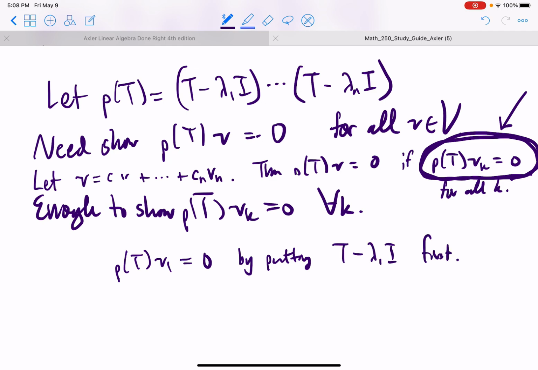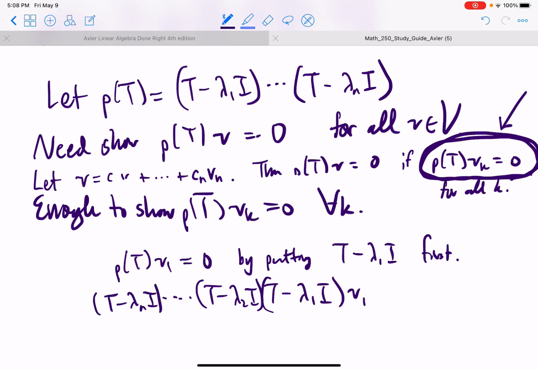Why is that true? Because T minus lambda 1 I on v1, and then we could do T minus lambda 2 I, we would just put all the other factors lambda n I after, and they're just waiting, but we'll put this one first. And if we do this one, we get T v1 minus lambda 1 v1.